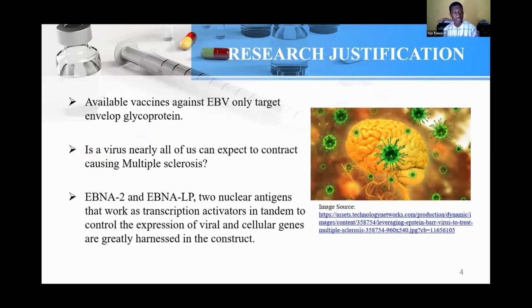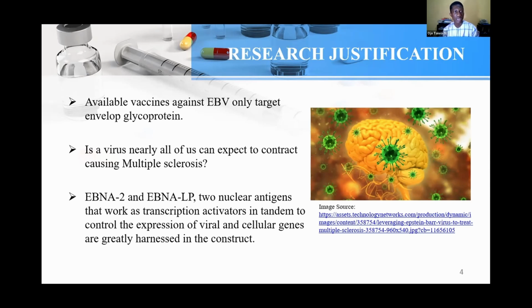Now, the research justification: all available vaccines against Epstein Barr virus only target the envelope protein and the glycoprotein. So we harnessed the early antigen proteins, the viral capsid protein, and the nuclear proteins in this research, which means not all available vaccines have incorporated all of these antigens in the design of an Epstein Barr virus vaccine.